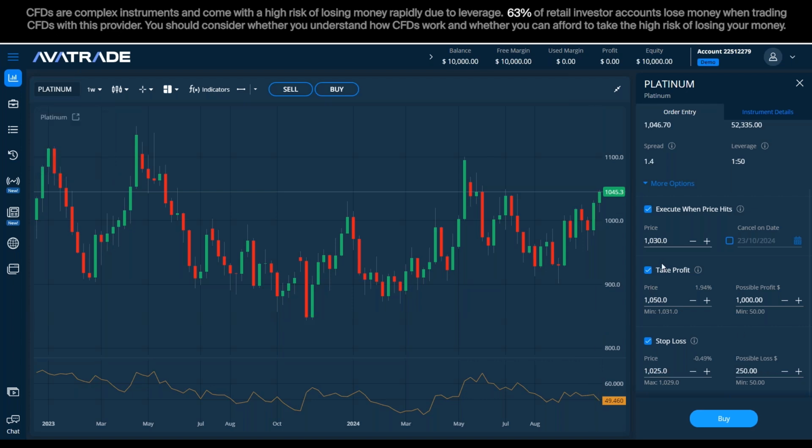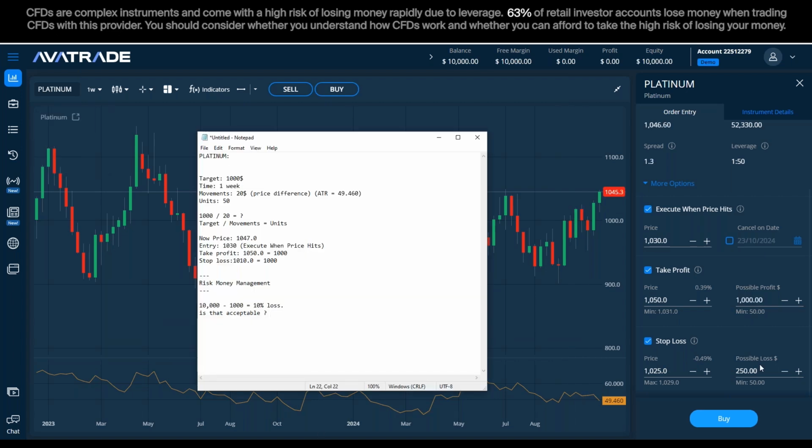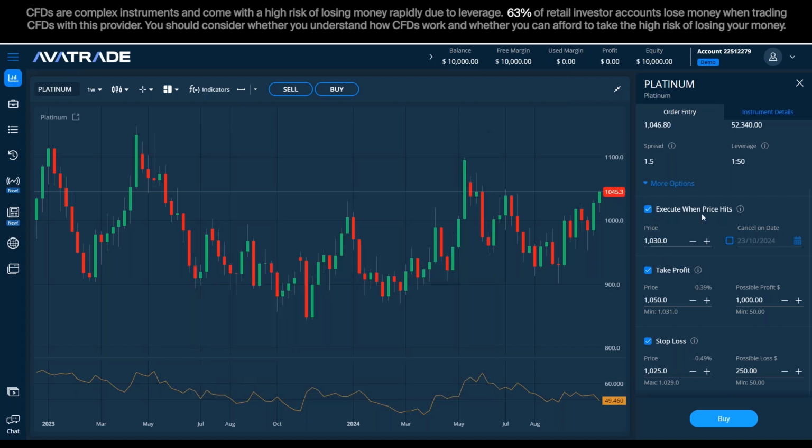Okay, and then when it's $5 away, it's only 250 and not 1,000, and we get to sustain the possible profit. Okay, how did I get to that, you probably ask? I took the proportion between the entry. Again, this is the entry, not that. This is the entry because we're using execute when price hits.